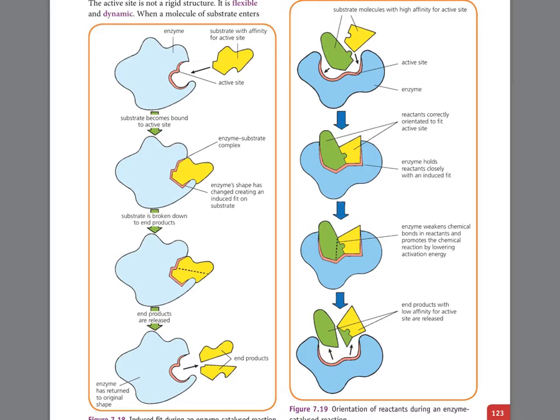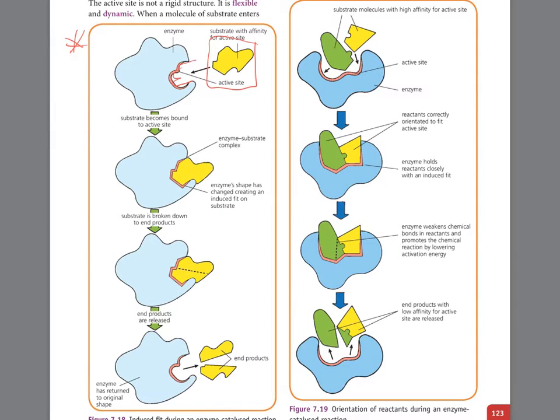And in this diagram over here, we've got this idea of the induced fit. Here's our enzyme here, and you'll see here's the active site here. Now, the substrate is here, and the substrates have a high affinity for an active site. They're attracted to the active site.